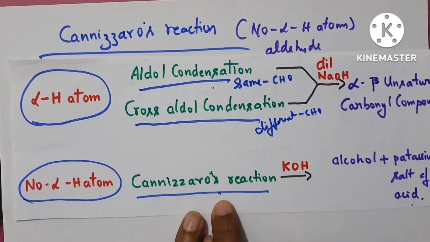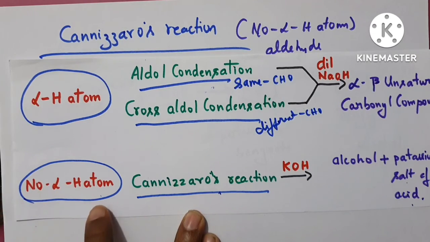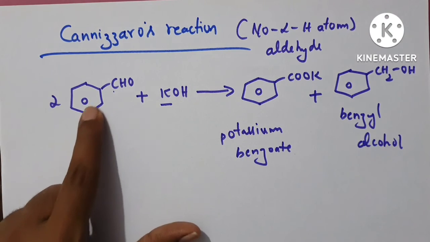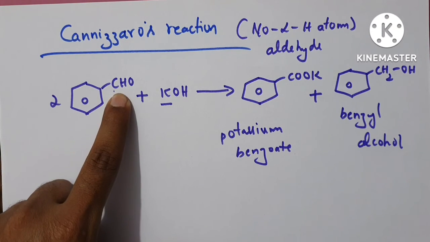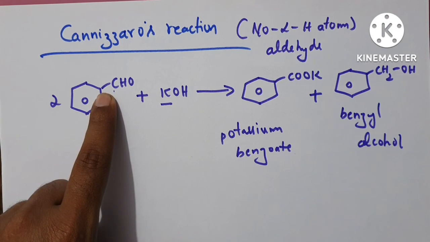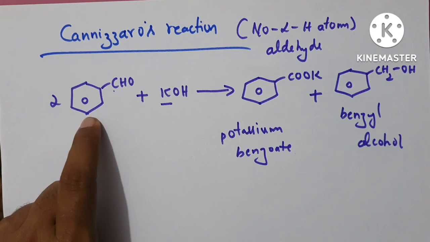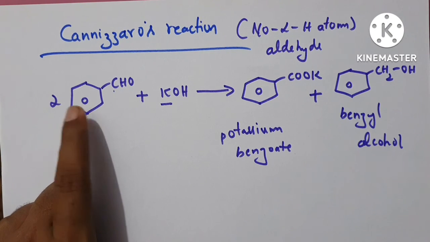If it is Cannizzaro, no alpha hydrogen atom. If you observe here, there is no alpha hydrogen here. This is the active site to which the carbon is attached, which is again a benzene, where you can see a resonance. Therefore, there is no alpha hydrogen atom here.